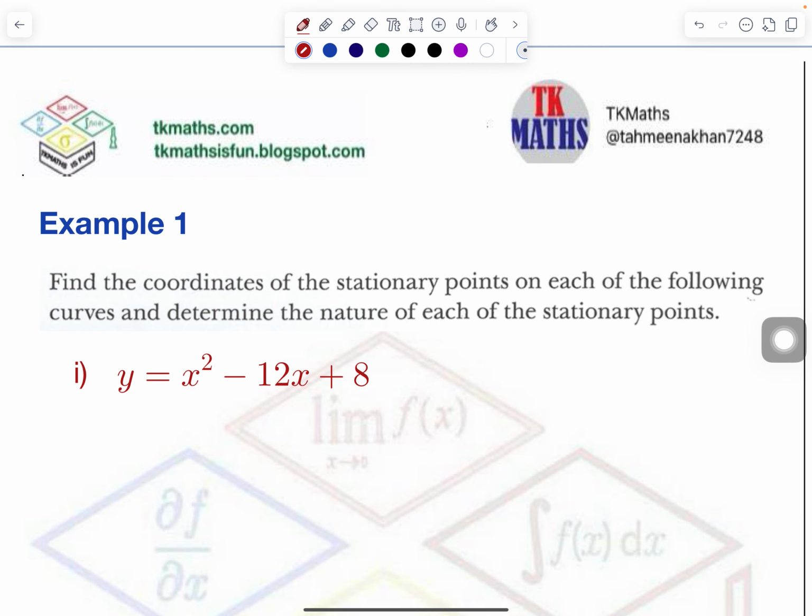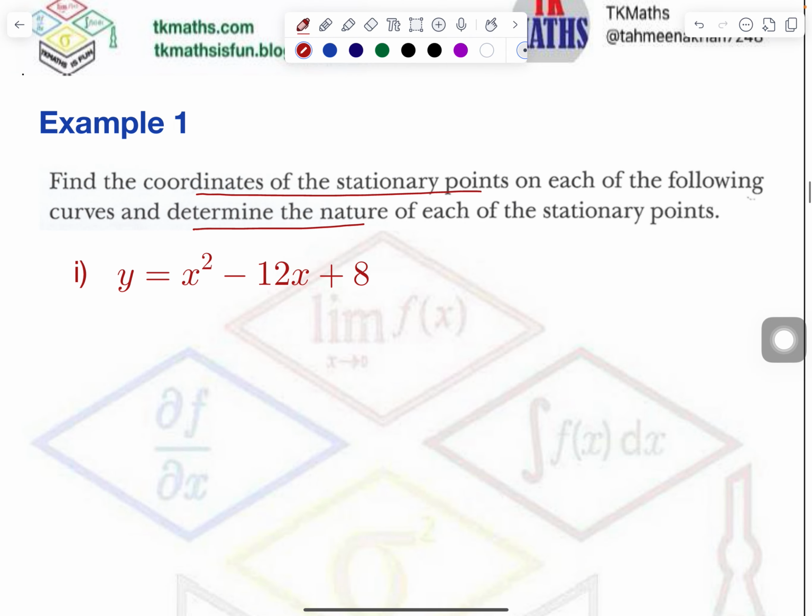Now let's see the example here. The equation is given to you, and you have to find the coordinates of the stationary point, and then you have to determine the nature. Nature means whether at that stationary point it is a maximum or minimum value. So first of all, for the stationary point, we will differentiate one time. You can write it like this, or you can write it like this, your choice.